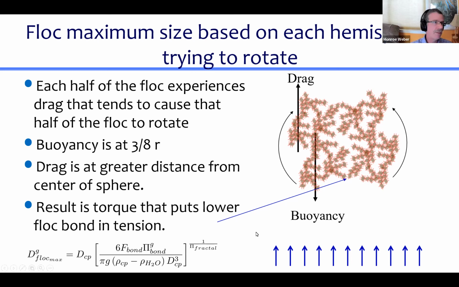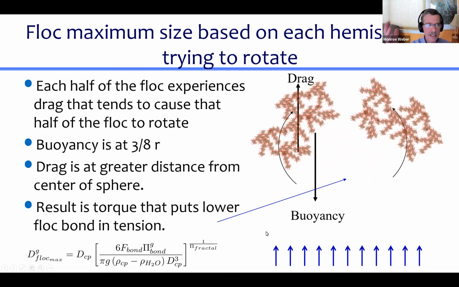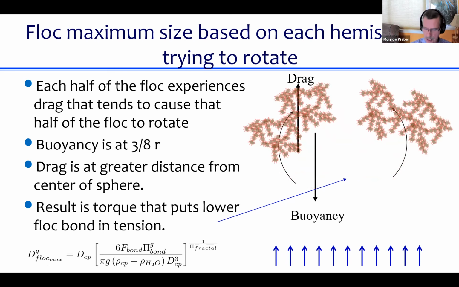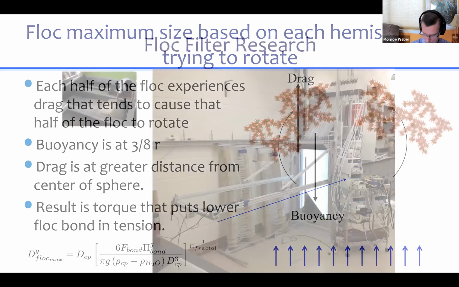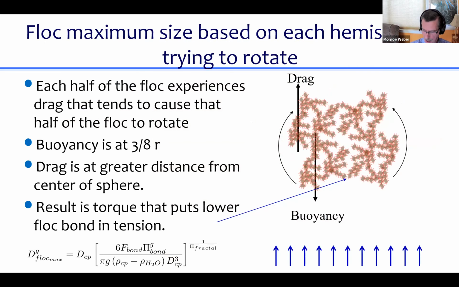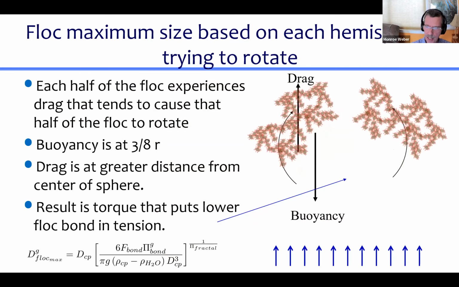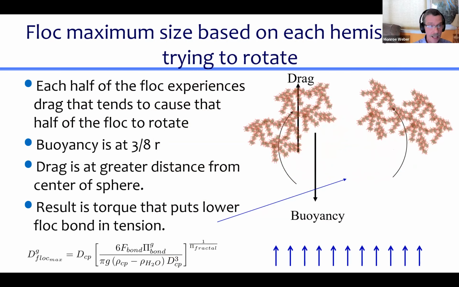And we've got to have another animation so that we can prove that this is what happens, right? So look, there it is. It happened. This flock was experiencing too much shear, causing it to experience tension at the bottom, and it opens right up. And that sets the maximum size of a flock settling on planet Earth due to the force of gravity.